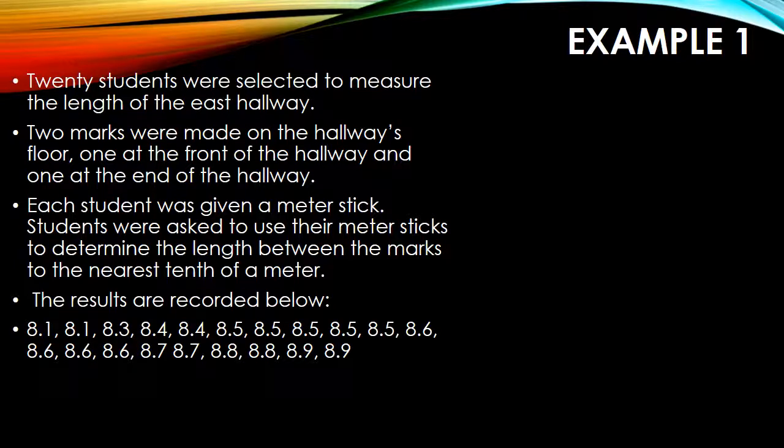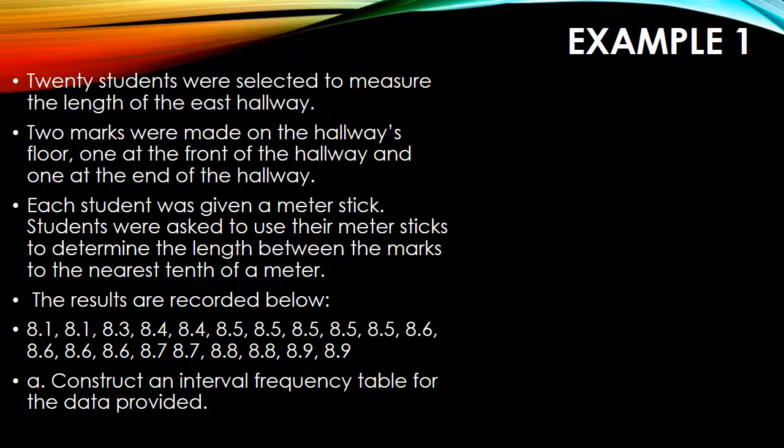So we have 20 data points, and since we have a lot of data, we're going to have to organize these data in what we call an interval frequency table.